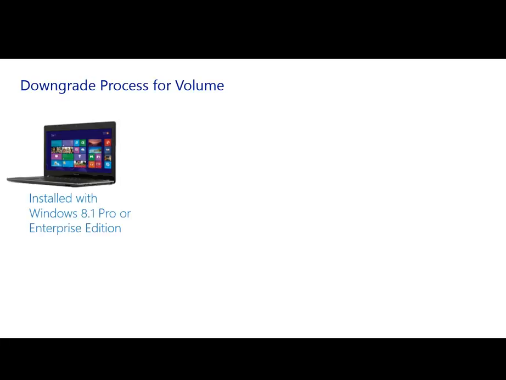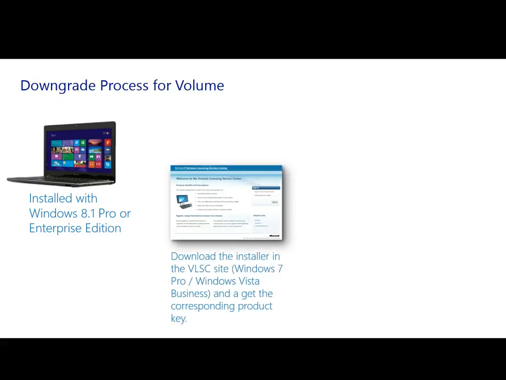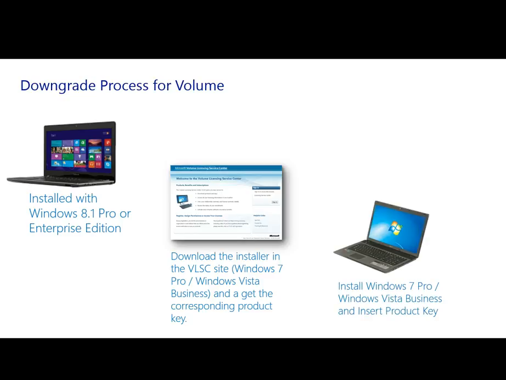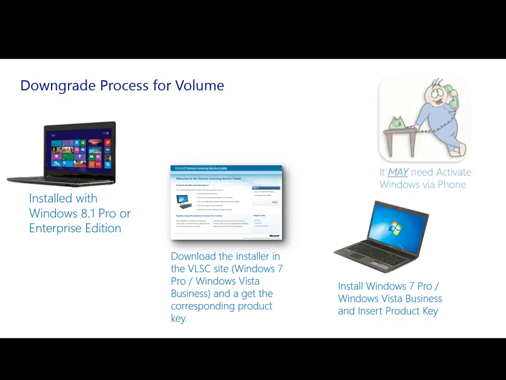It's almost the same as OEM. Okay, I have Windows 8.1 Pro or Enterprise Edition, uninstall it, and then go to the Volume Licensing Service Center. You can download the installer in the Volume Licensing Service Center, and then just install and use the product key in the VLSC. You may need to activate Windows via phone, but sometimes it will work.